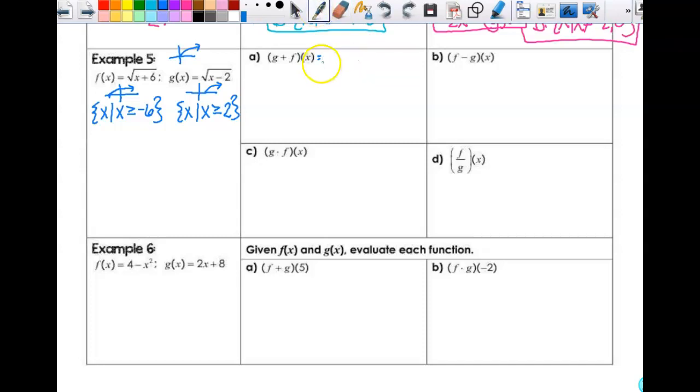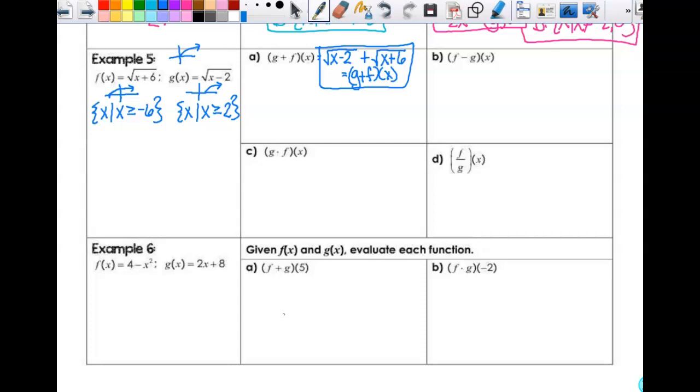Okay, so g of x, square root of x minus 2, plus the square root of x plus 6. All right, so what can I do here? Well, nothing, right? That's it, because I can't combine them. If I was multiplying, that'd be different, but I can't do anything there. So this does equal g plus f of x. There's my answer. That's all I can do.